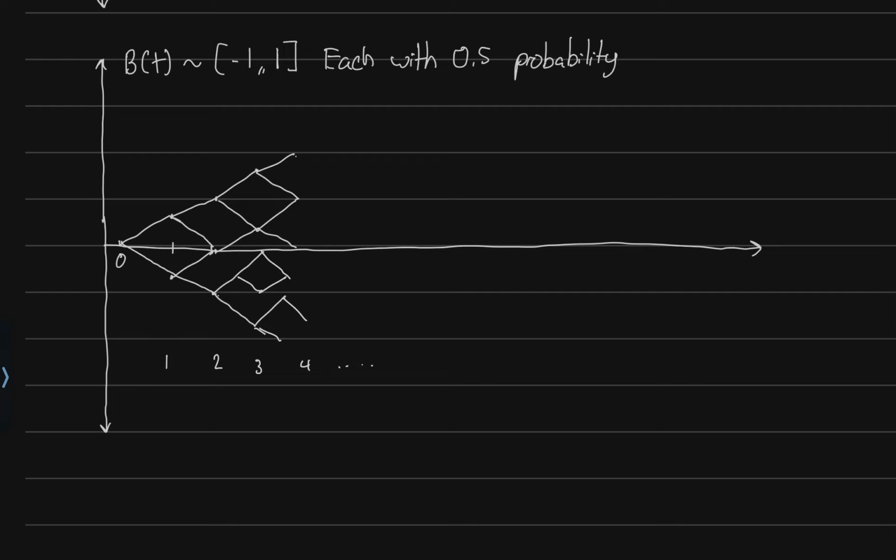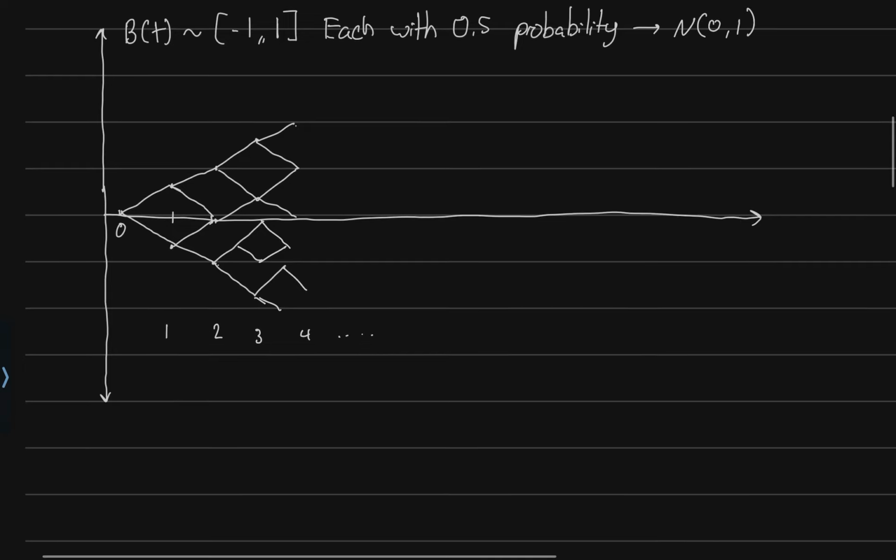Cool. So if I were to extend this to a normal distribution of 0 and 1, at time increment 1, if I were to start from 0 and take B of 1, then I would be in a 1 standard deviation interval of getting a point in this region right here.